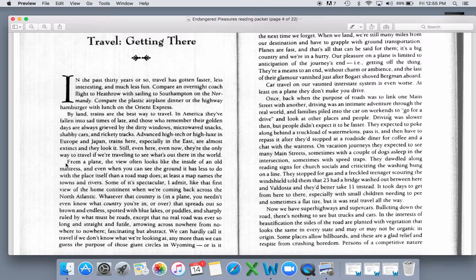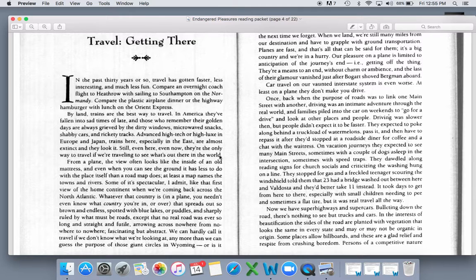Let's see. She does make a claim early on that trains, even here, even now, are the only way to travel if you're traveling to see what's out there in the world.